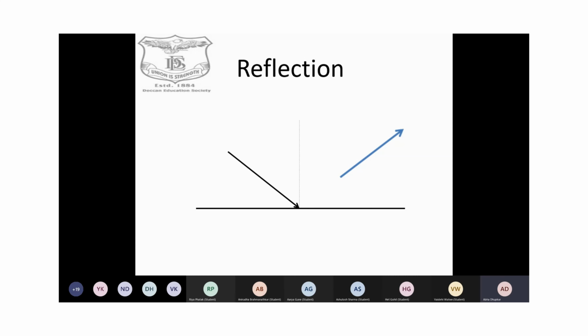Any idea? The low frequency modalities. Sorry? Low frequency modalities. Okay, low frequency modalities. Can someone name a low frequency modality? Electrical muscle stimulator. That is the name of the device.